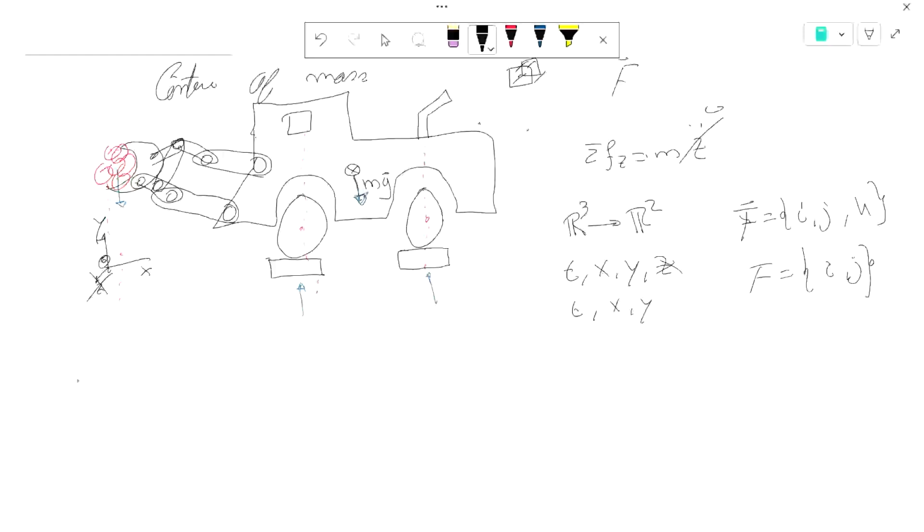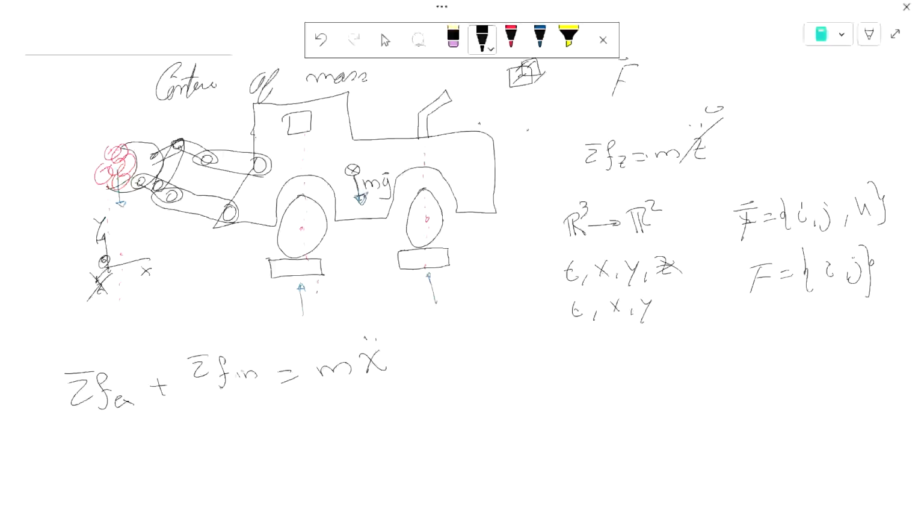All right, but then let's see what happens in X. Well, in X is not moving, so actually we're not gonna get too far by looking at X. But in Y, summation of external forces plus summation of internal forces equals mass times acceleration.